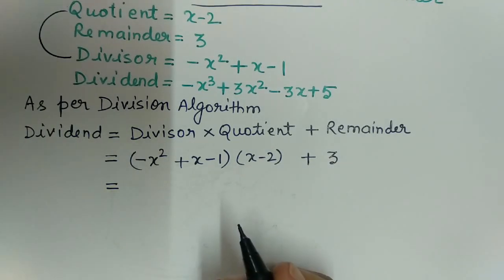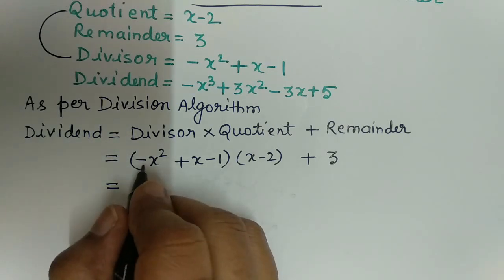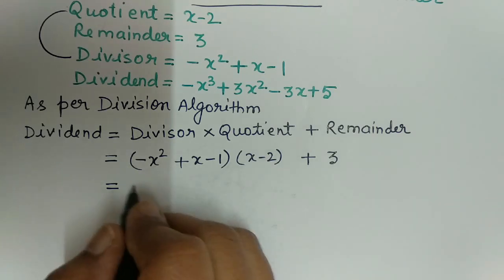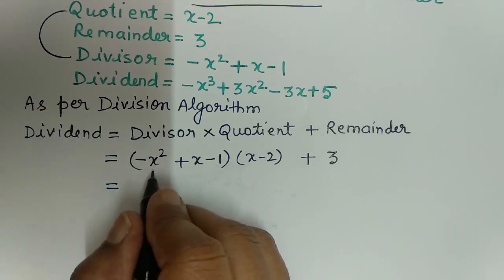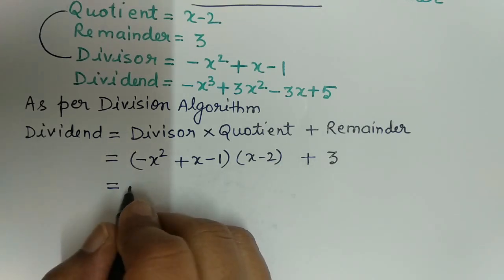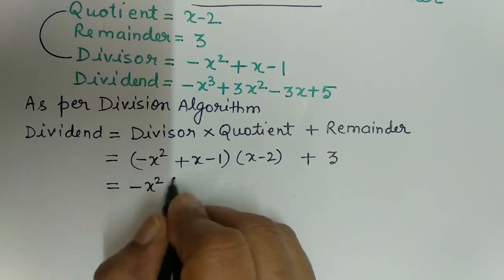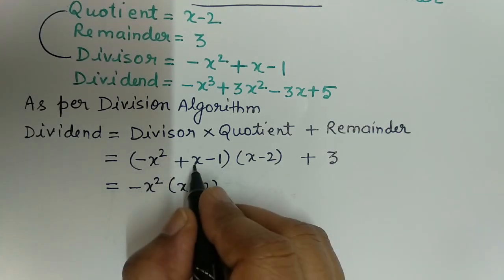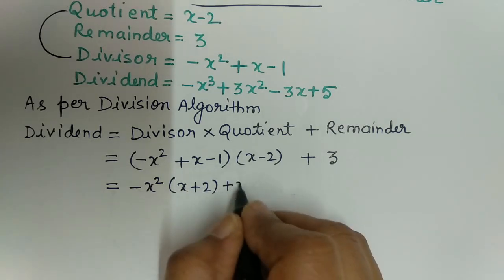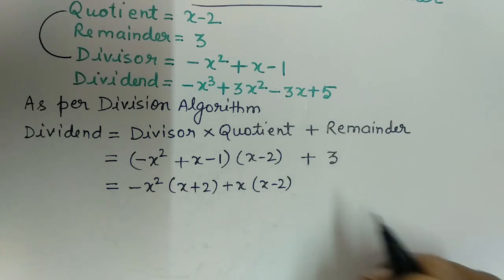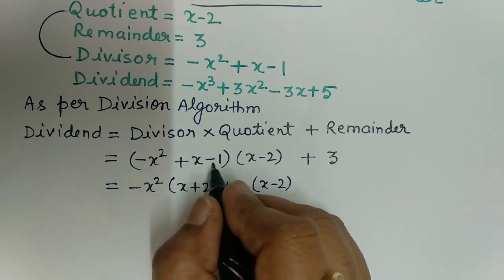So let us multiply. So this minus x square will multiply into x. Multiply first term of divisor with quotient. To make it simpler, I write like this: plus x, I will multiply x minus 2, then it was minus 1.